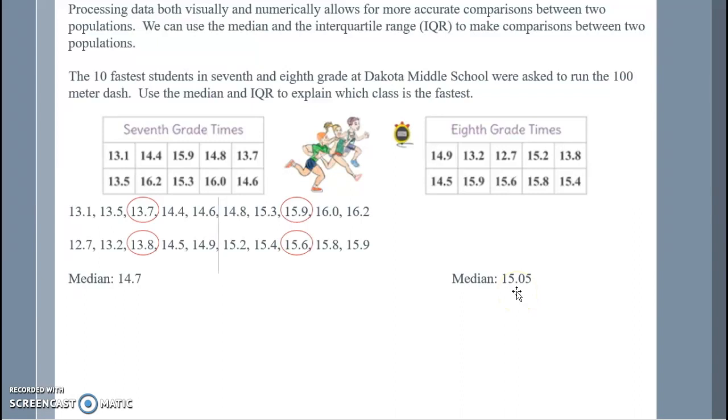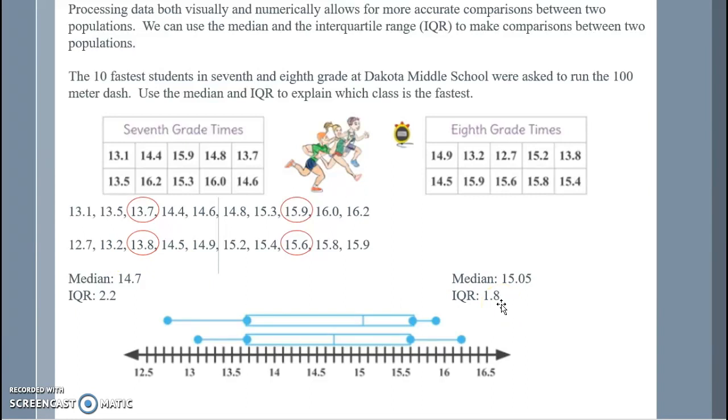To find the interquartile range, recall that we split our data in half and find quartile 1 and quartile 3, and then find the difference between them. So 15 and 9/10 minus 13 and 7/10 is 2.2, and 15.6 minus 13.8 is 1.8.